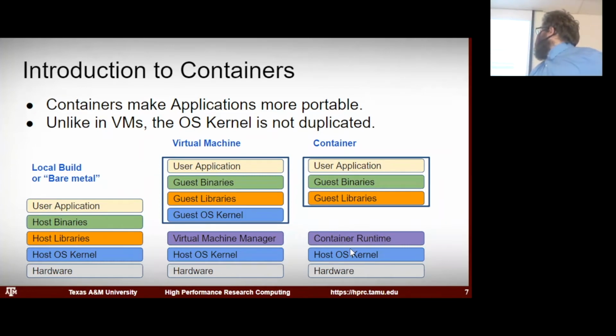In this case, you don't duplicate the operating system because you know the host has an operating system. Now you just need a way to interface your libraries with the host operating system. The container runtime is the tool that's smart enough to make that happen. So with containers, if you need to duplicate this and run many copies of it, there's a lot less overhead. So you can successfully run more copies of the container given the same resources.